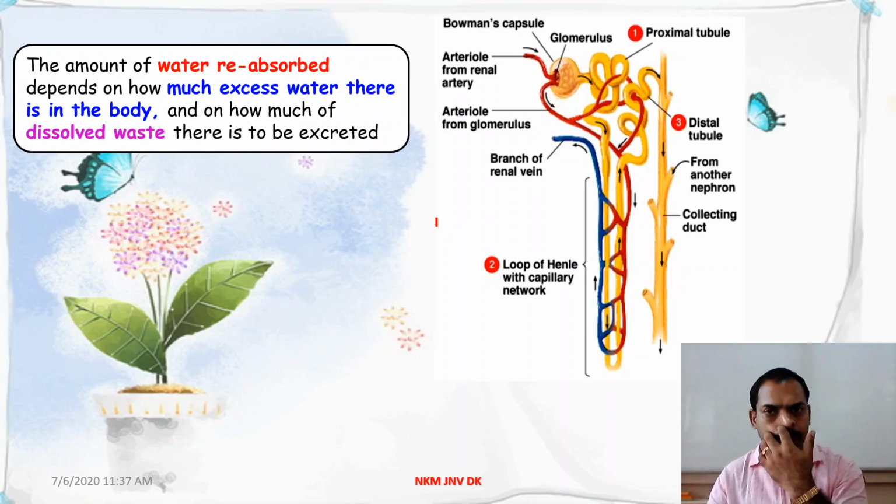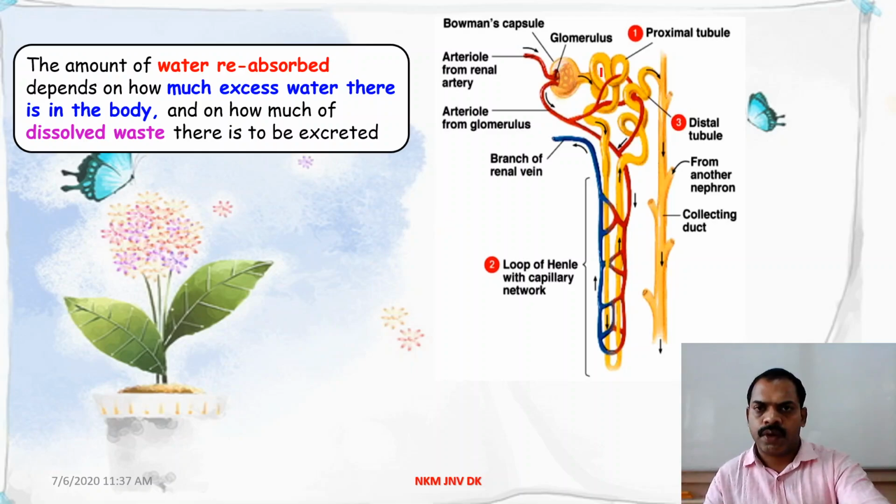So this is what I told you, the tubular system of the nephron, and you can see that the arteriole which is coming out from the glomerulus, the efferent arteriole, is branching and rebranching, covering over the tubule of the nephron. Why?